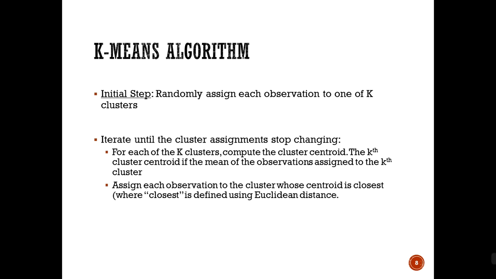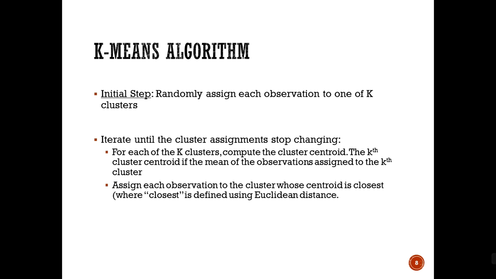Having computed the centroids for each of the clusters, in the other step, we assign each data point to the closest centroid. And then having done that, we have a new set of cluster assignments, C1 to Ck. We go back and we compute new centroids.